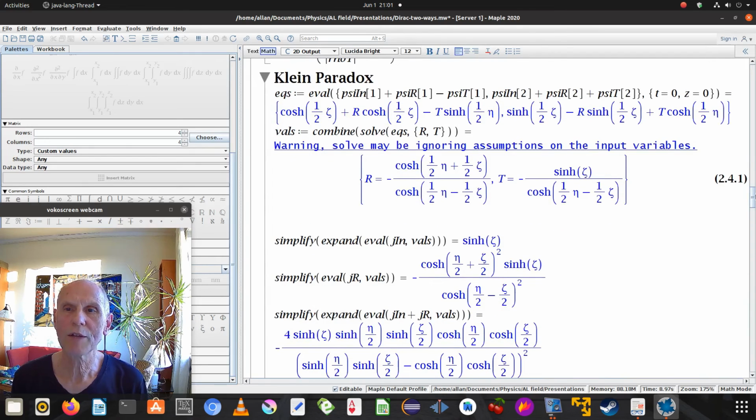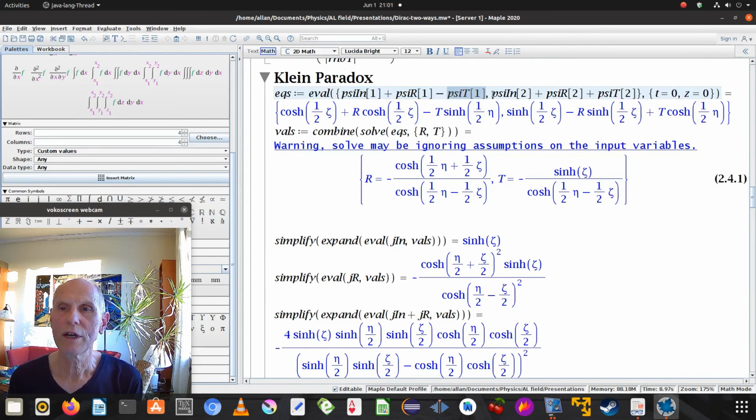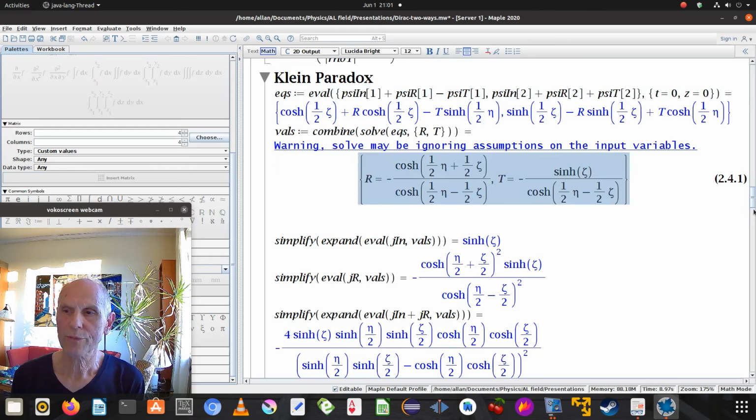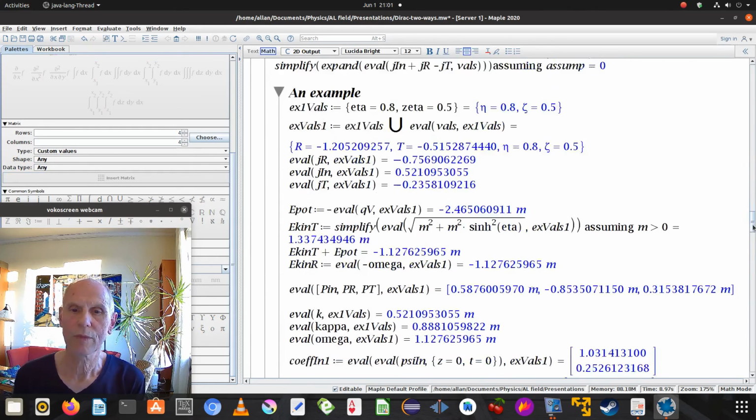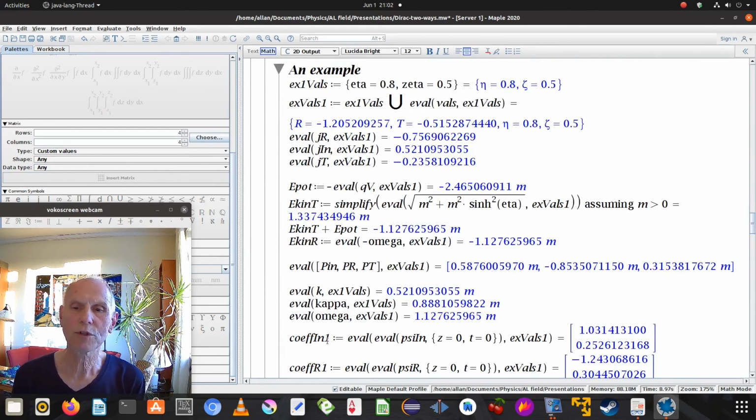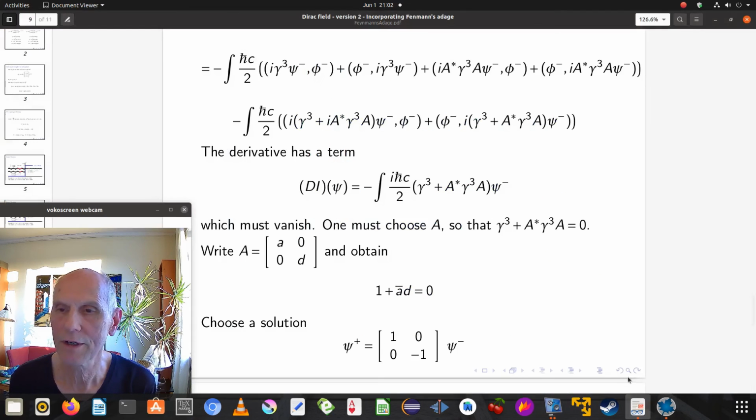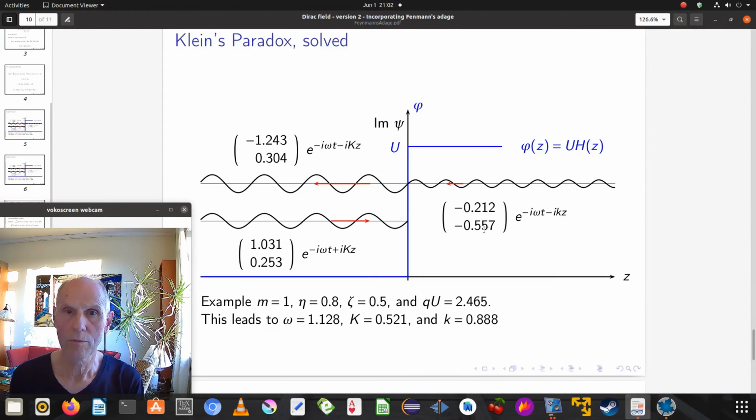And now we solve for the Klein paradox. And here we have to see the first coefficients agree and the third coefficient change sign. We get the solution, and I work out two examples which I shall show you now. The first example with positive eta and zeta looks very much like the one you know, except there are some subtle changes.